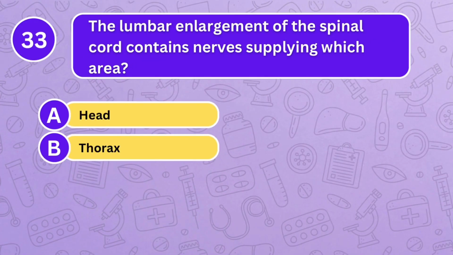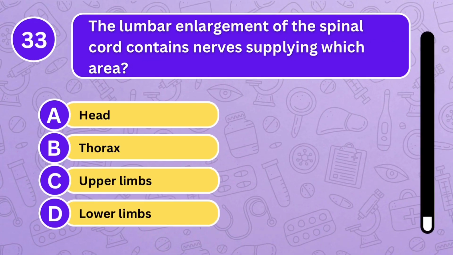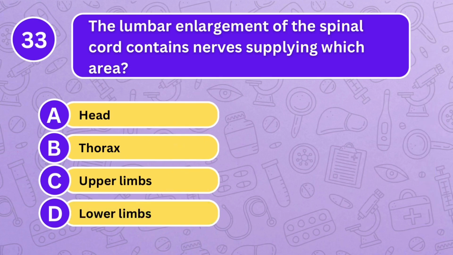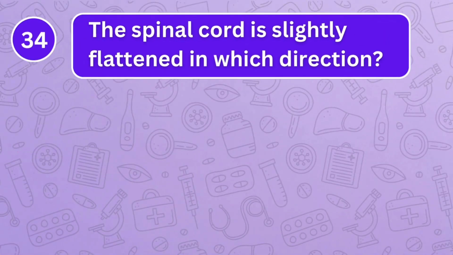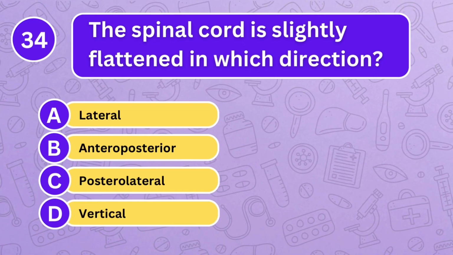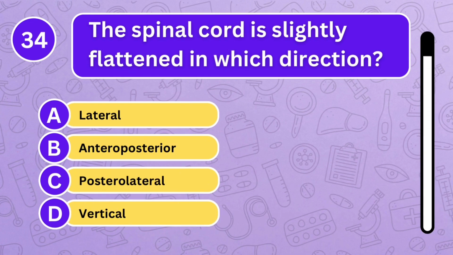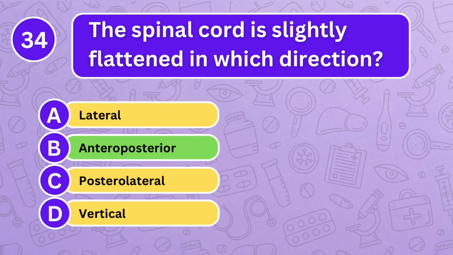The lumbar enlargement of the spinal cord contains nerves supplying which area? Lower limbs. The spinal cord is slightly flattened in which direction? Anteroposteriorly.